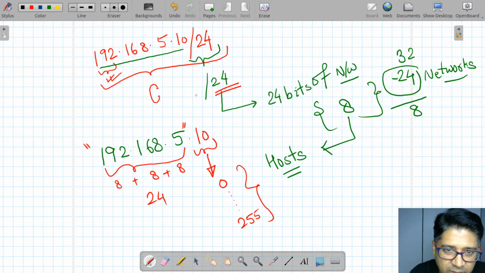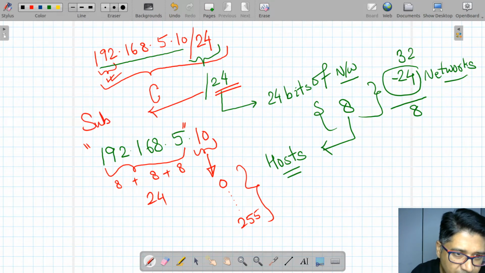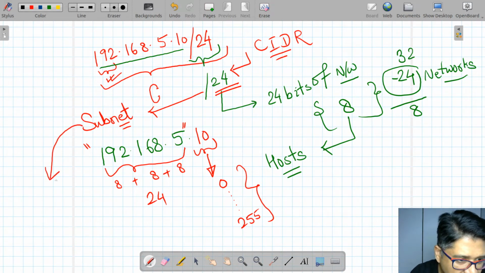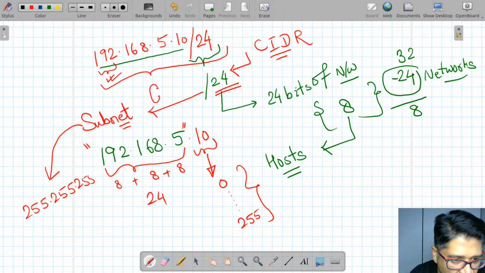So this is called the subnet. The technique, the way we are writing this, is called CIDR. The subnet can also be written in the complete form, which is 255.255.255.0.